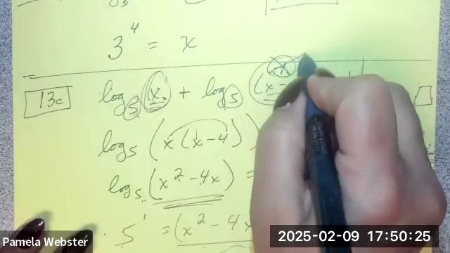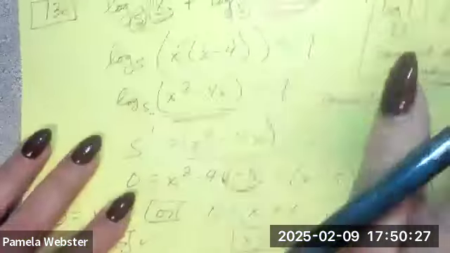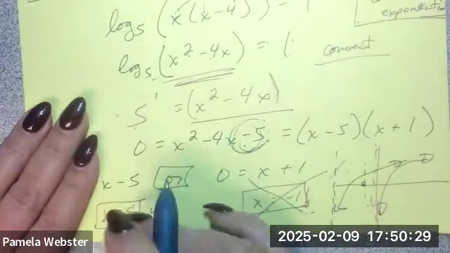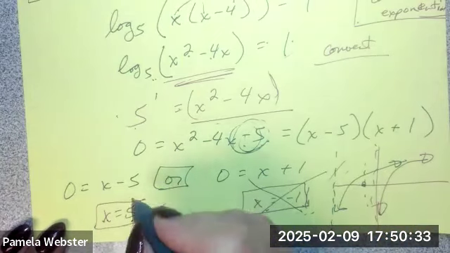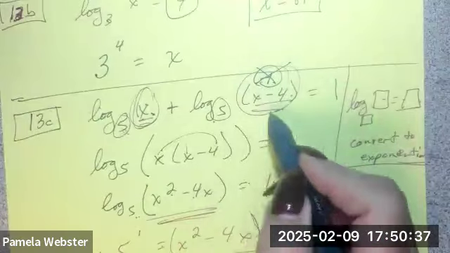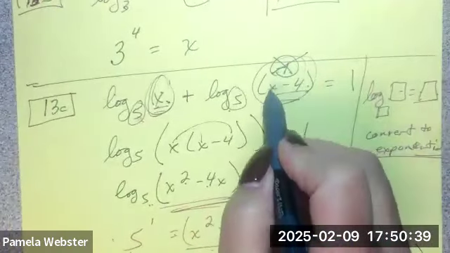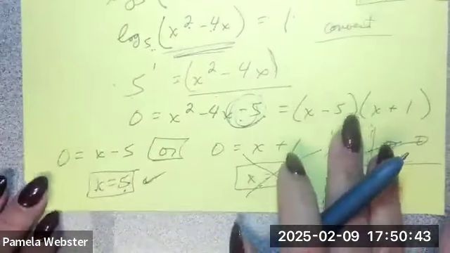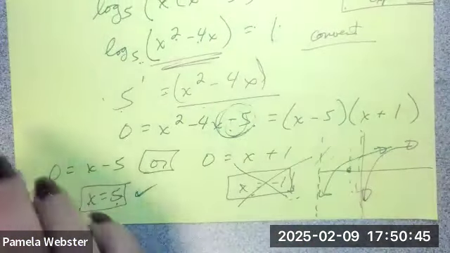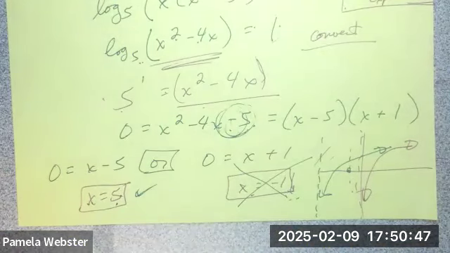And if that had been the case, it wouldn't have worked. Even though 3 was positive, when I plug it in, I'm getting a negative answer. That would still be bad. So 5 does work. 5's okay. But like I said, you have to check on these logarithms. If it was a 3, I would be in trouble. So don't just assume that that is going to work. You have to check, okay, on these logs.